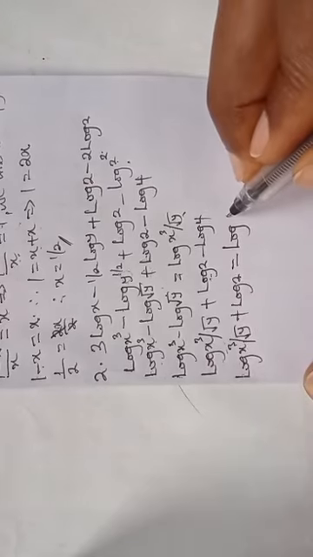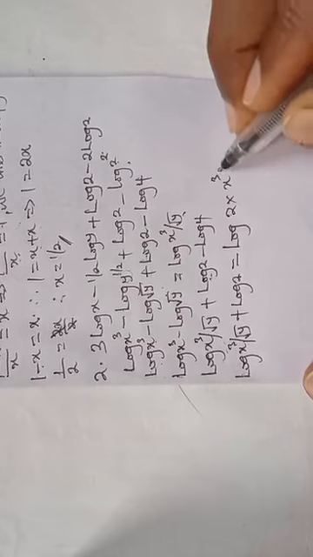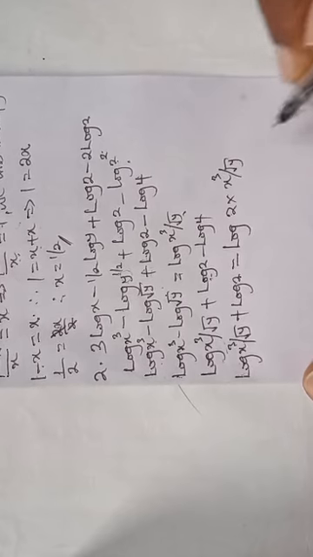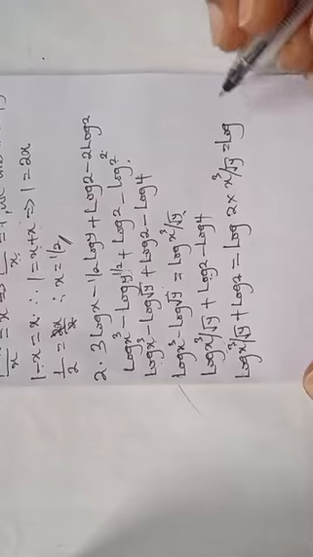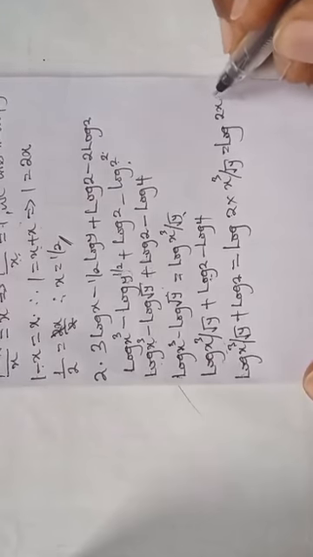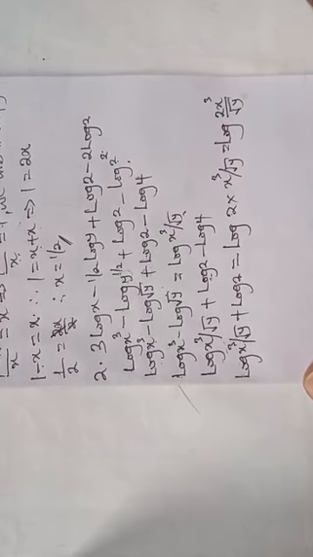So I'm going to have 2 times x power 3 over square root of y. This becomes log of 2x power 3 over square root of y.